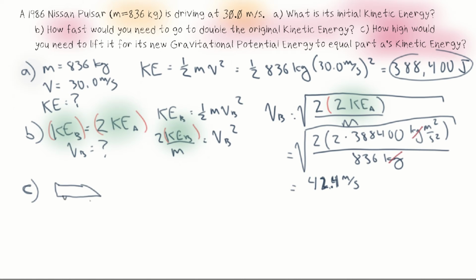I apologize for the quick and non-Nissan Pulsar sketch, but what we're interested in is how high we need to lift this so that the potential energy at part C is equal to the kinetic energy in part A. And we're just going to use that same value, then, 388,400 joules.